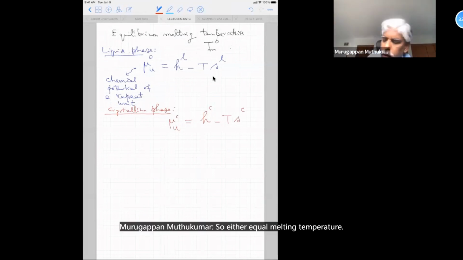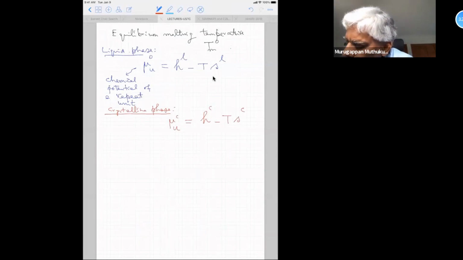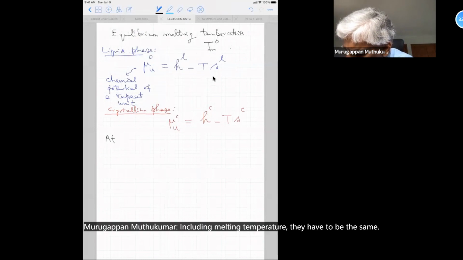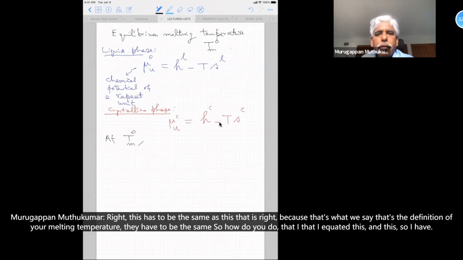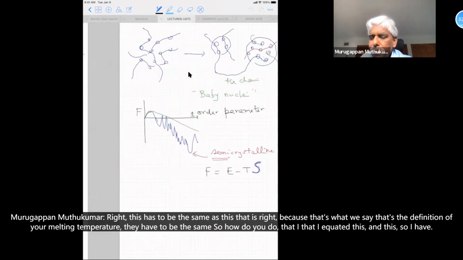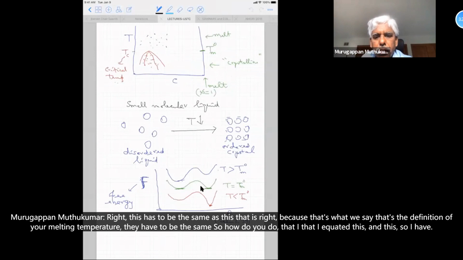So at the equilibrium melting temperature, they have to be the same, right? This has to be the same as this. Because that's what we said. That's the definition of your melting temperature. They have to be the same.